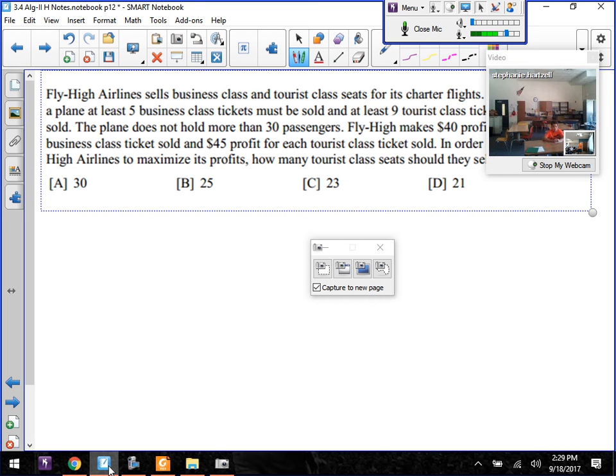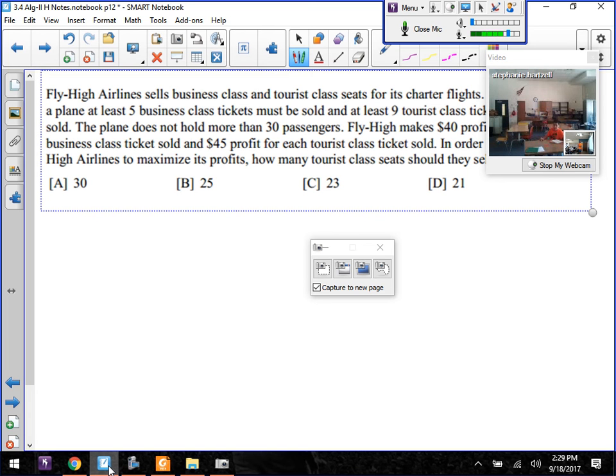To charter a plane, you must sell at least 5 business and at least 9 tourist tickets. The plane can't hold more than 30 people. They make a profit of $40 on the business class and $45 on the tourist class. In order for the airlines to maximize profits, how many tourist class should they sell?